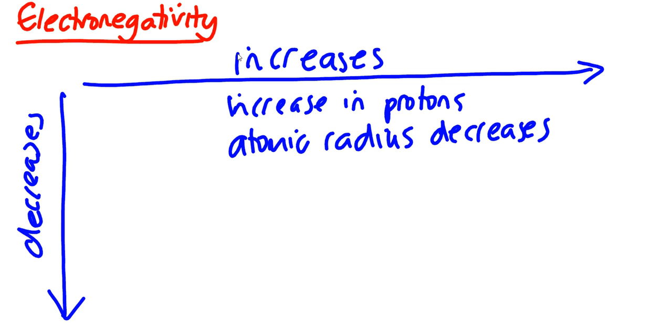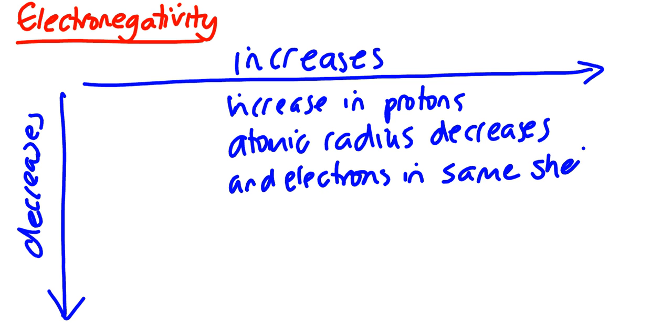It's a greater pull on the nucleus and outermost electrons. Where are those outermost electrons? Okay. Electrons are in the same shell. So what else stays the same? No difference in shielding.